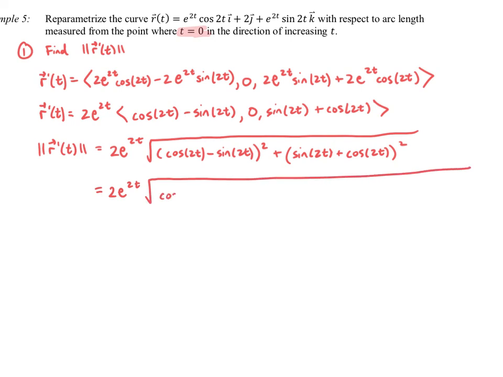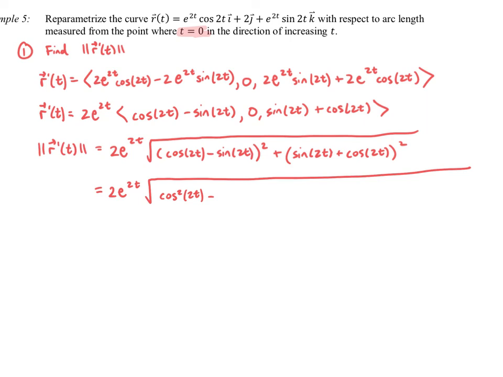So I have cosine squared of 2t minus, now I'm not going to do the whole process, but remember, if you're going to expand this component here, on one side we're going to get negative cosine of 2t times sine of 2t, and on the other side, we're going to get negative sine of 2t times cosine of 2t.